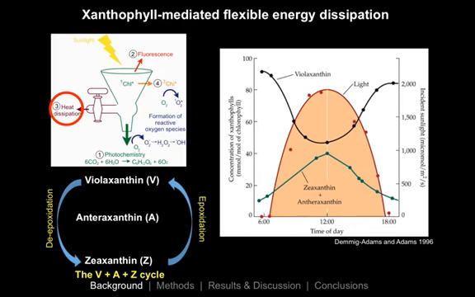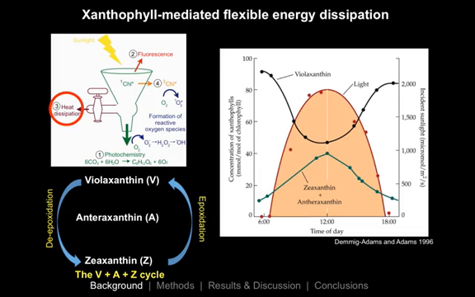So let's take a look at this diagram here from Demmig-Adams and Adams, 1996. On our y-axis, we have the concentration of xanthophylls per unit chlorophyll, and on the x-axis, we have our time of day. The red line represents the sun. So this is a perfectly sunny day, with the sun rising at about 6:30 in the morning and setting at about 17:30 in the evening.